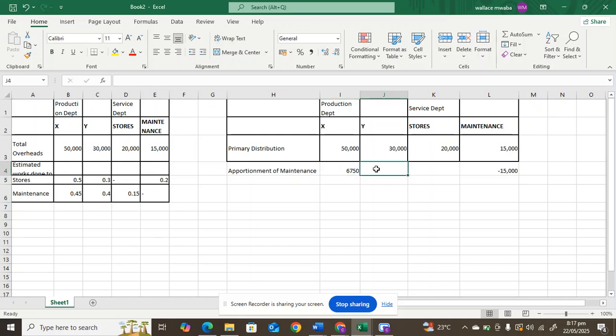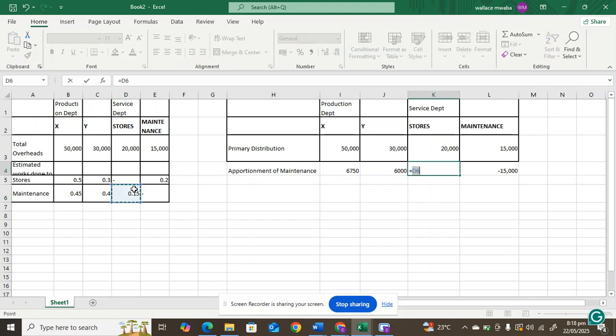So we're going to say 15,000 times 0.4. We get 6,000. Then on stores, it's 15%, the 0.15. So multiply 15% by 15,000. All right, so we have reapportioned the overhead for maintenance.